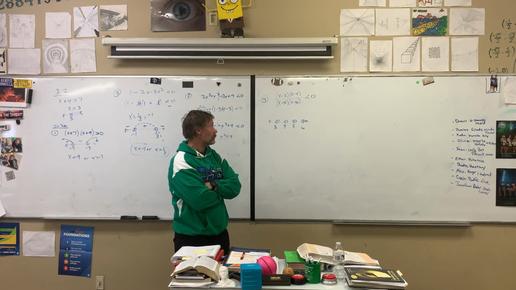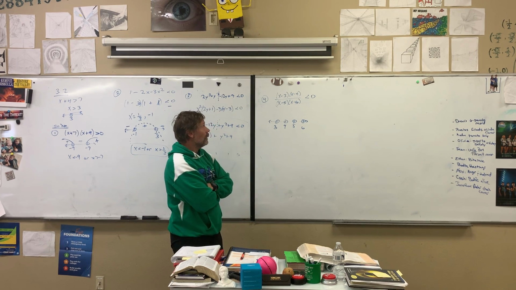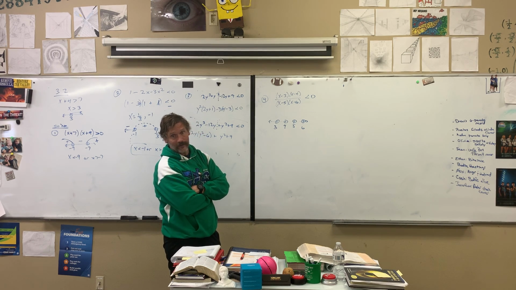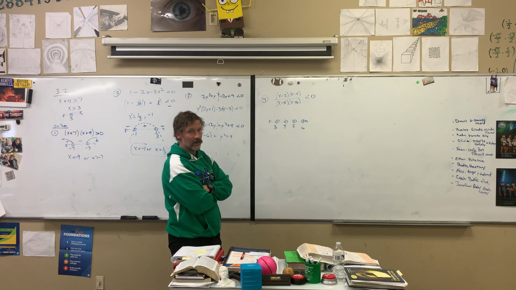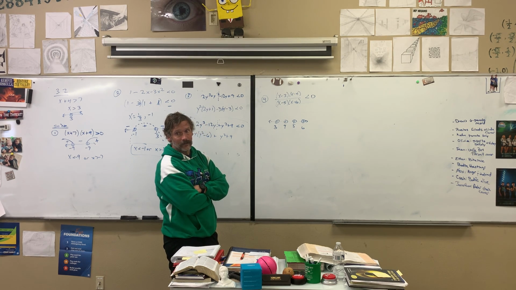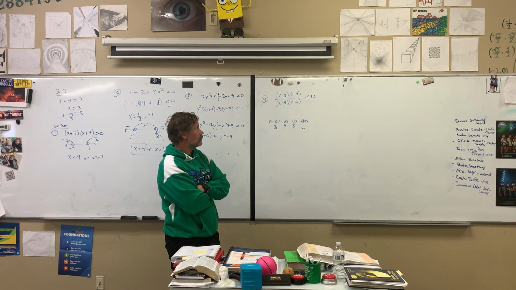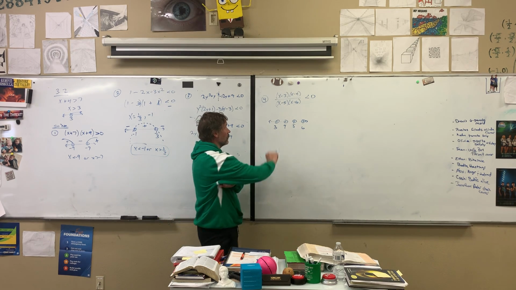So then when we go to plug in values, if you plug in 0, what do you get? Positive or negative? Positive. Yep, negative, negative, negative, negative by plugging in 0.